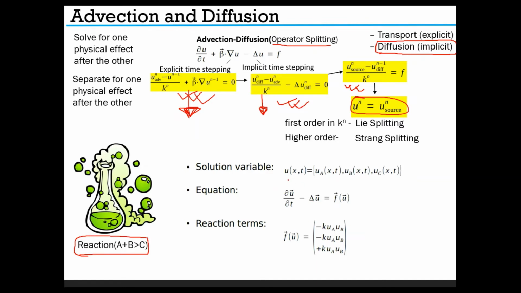So this is the solution variable, where this is reactant A, reactant B, and reactant C. This is the product, the concentration with time. So this term depicts the reaction, and this is for the diffusion.